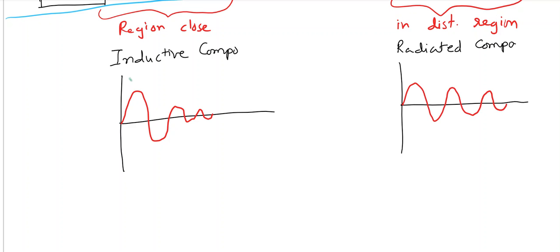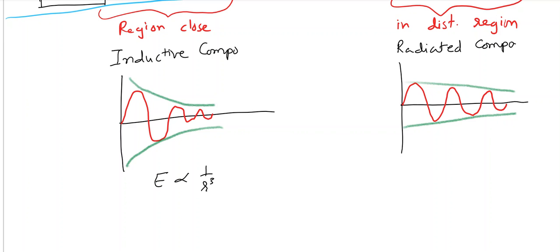The electric field is falling very fast, whereas in the radiated component the electric field is decreasing its value but slowly. So here the fall is proportional to 1 by r cube, and in this case the electric field is decreasing at the rate of 1 by r. So that is one difference.